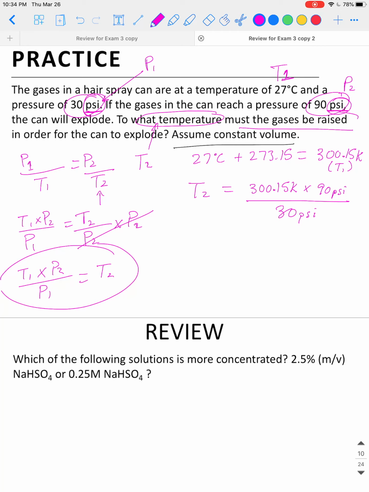And it says, to what temperature must the gases be raised? So I would anticipate here that our second temperature that we're solving for will be higher than our first, higher than 300.15 Kelvin. So 300.15 times 90, and then we're going to divide that by 30.